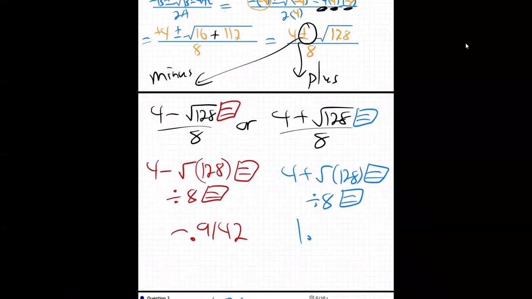This one's coming out 1.9142. So there's the lower number with the negative, the higher number with the positive. Just like that. Hit the negative, hit the positive. And there we go.